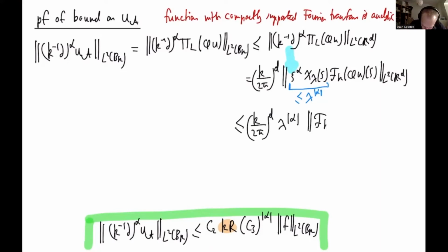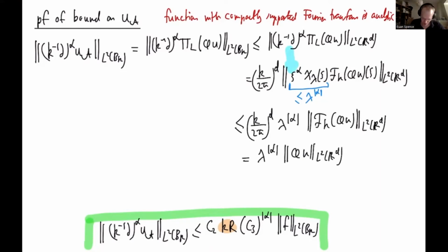Now the Fourier transform of phi U. In fact, now I don't need to write this variable. Now I just use Parseval again: lambda to the alpha, norm of phi U in L2 of R^D.